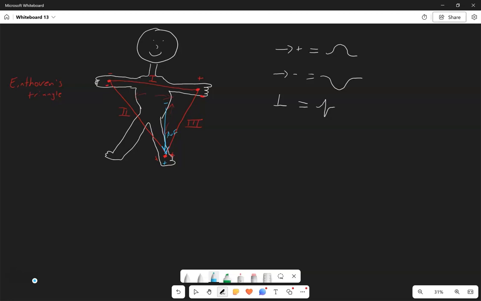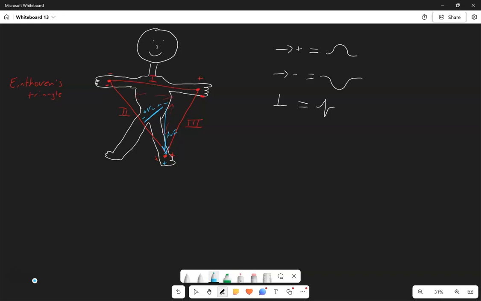Okay, we can take one and we can run it sort of perpendicular to this one here, where we make this positive here and this negative here, and we're going to call that one AVL.